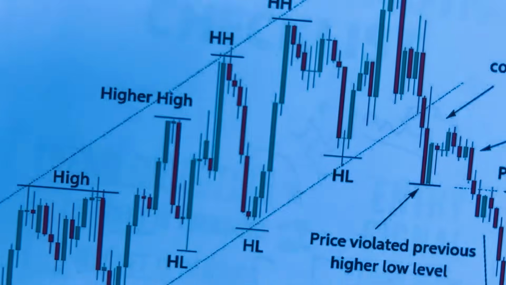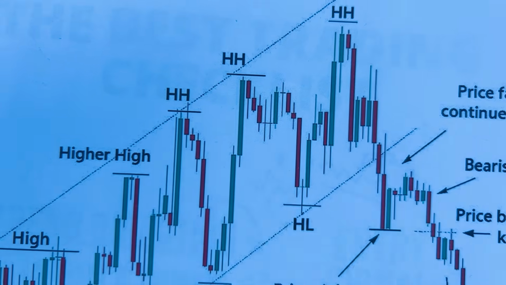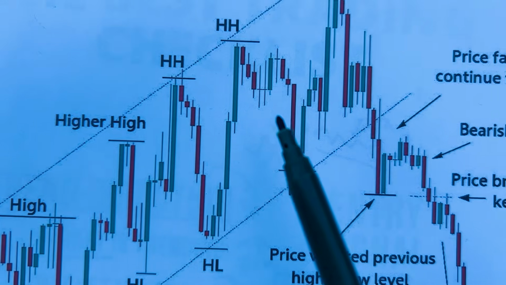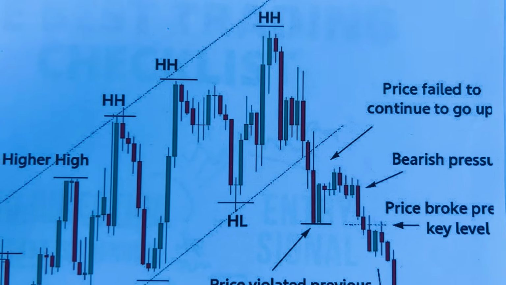This is your uptrend. You have to see the steps up, step up, step up, step up. This is your escalator, right? Step up, step up, step up, or step down, step down, step down. You can see that we are making that example easier.